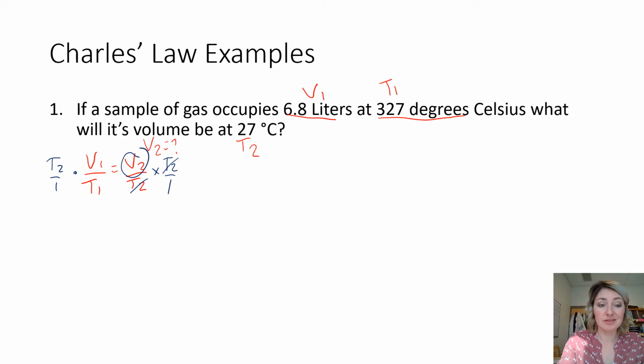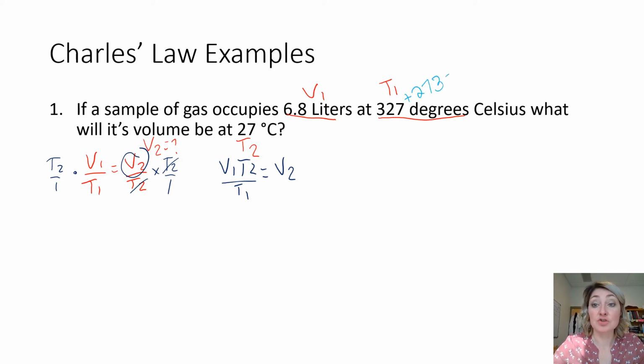So let's rewrite this because it's a little bit sloppy. So V1 times T2 divided by T1 equals our final volume. We're not quite ready to add in numbers yet because we have those stupid Celsius. So we're going to go ahead and add 273 to our temperature in Celsius.